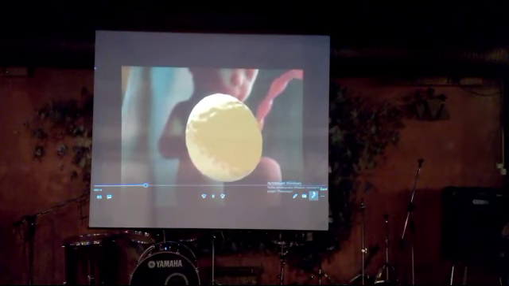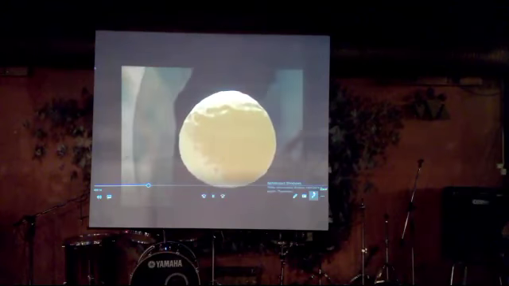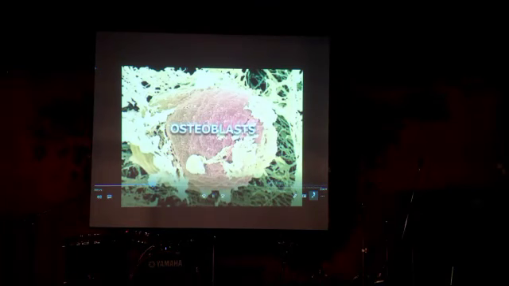Eventually, centrally located mesenchymal cells within the embryonic fibrous connective tissue differentiate into bone-forming cells or osteoblasts. This process constitutes the formation of what are called ossification centers.